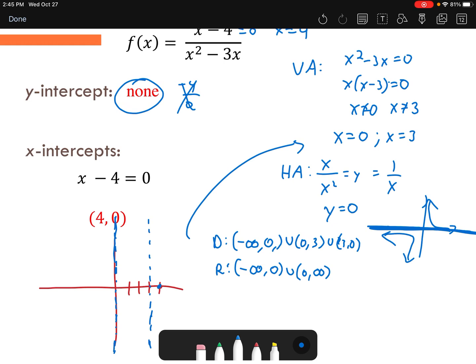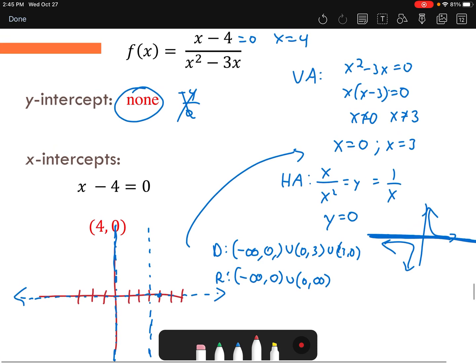Wonder what's going on here. We have a horizontal asymptote at 0, so I'm betting it crosses in the middle here. Boy, this is going to be interesting. Now we need some additional points, don't we, to find out what's going on.